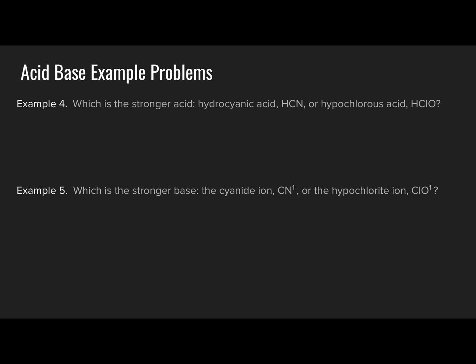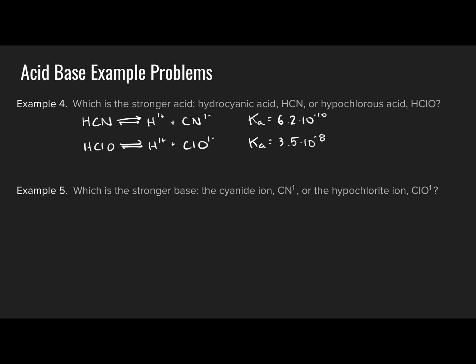As I look those values up here, again, if you don't have access to that book, you're also welcome to look these up on the internet. The value of the acid dissociation constant Ka for hydrocyanic acid, HCN, I find to be 6.2 times 10 to the negative 10th. And for hypochlorous acid, HClO, I find a value of the acid dissociation constant Ka to be 3.5 times 10 to the negative 8th.